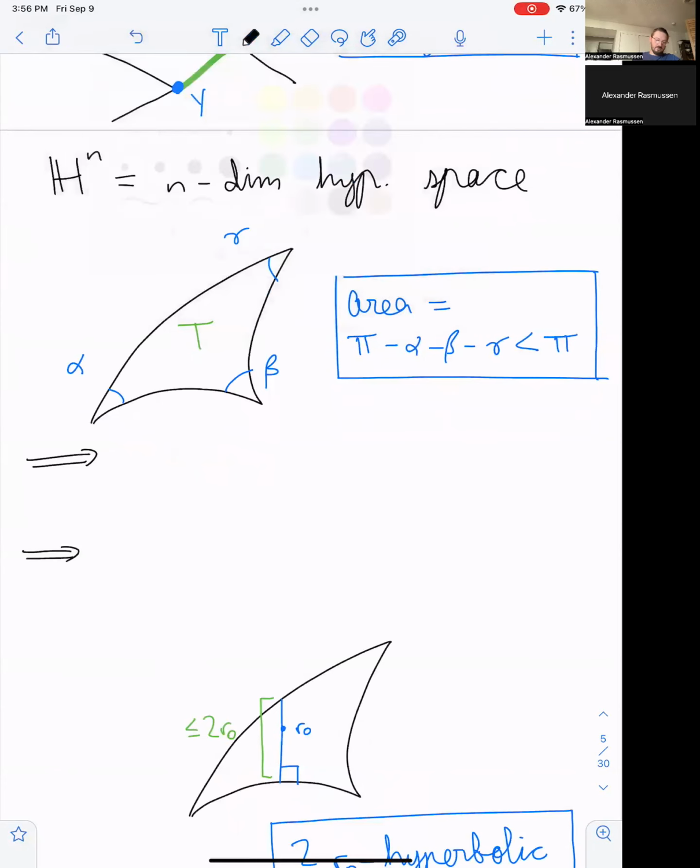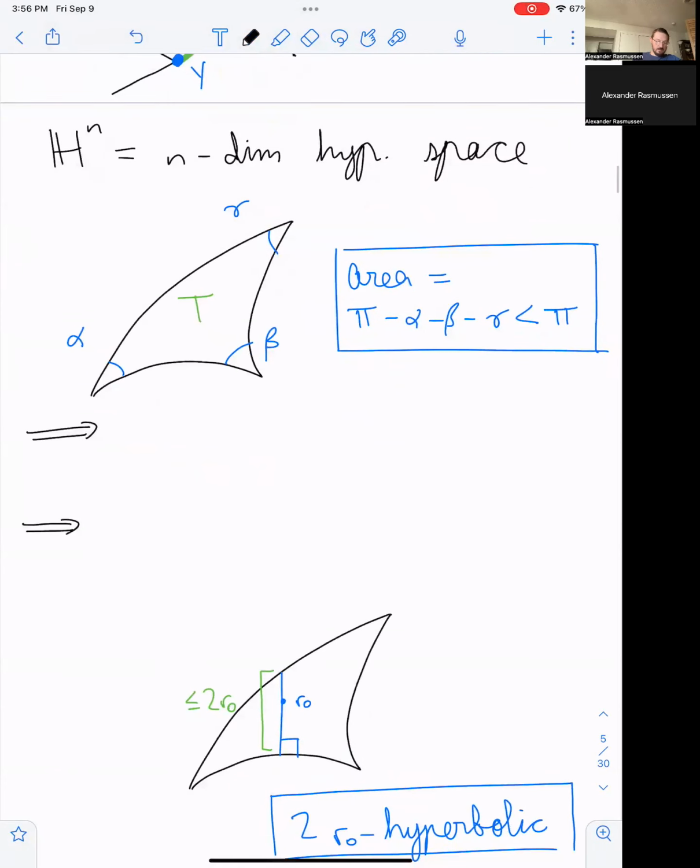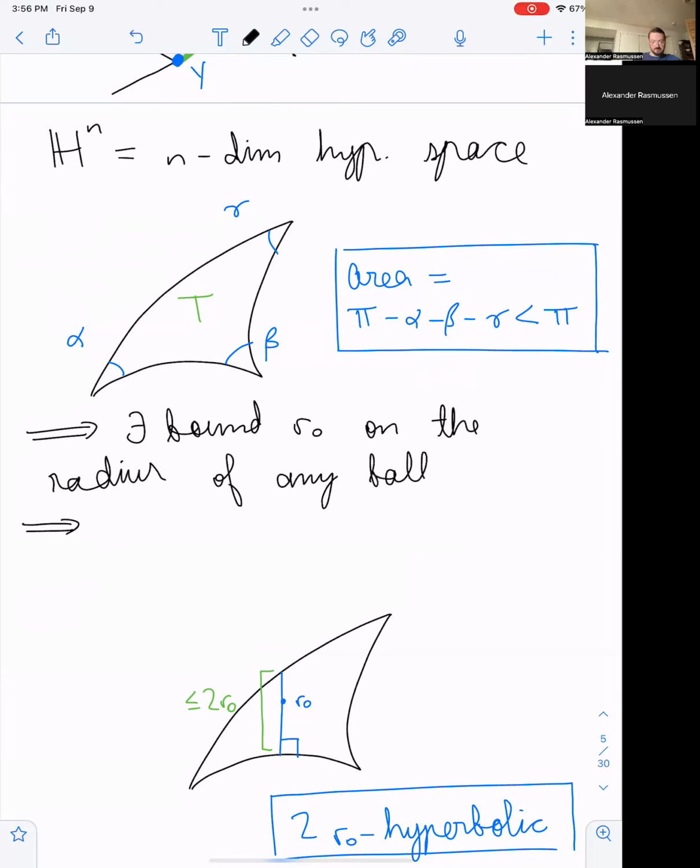So what do we learn from this? Well, there exists a bound R naught on the radius of any ball inside T. The area of a ball of radius R is going to grow as the radius R grows.